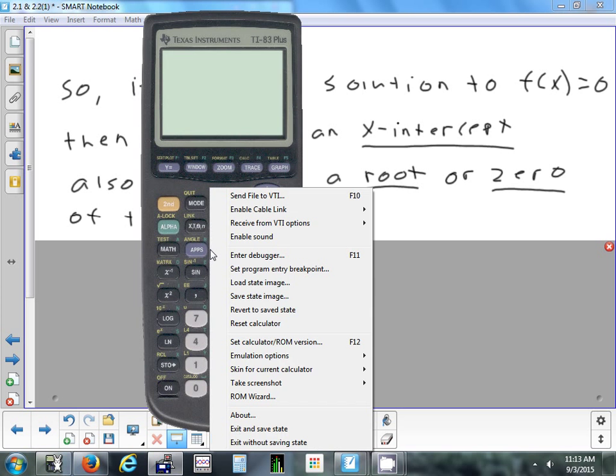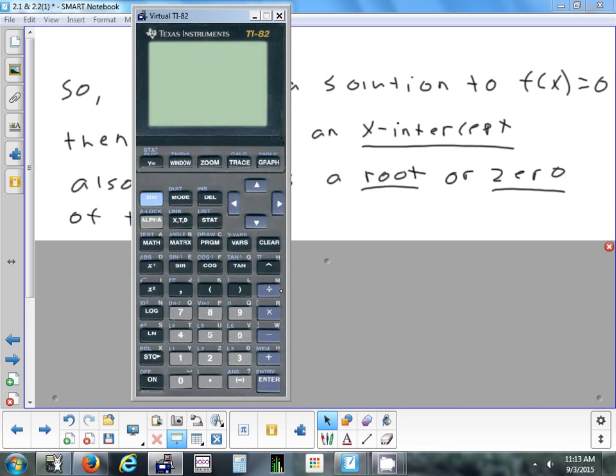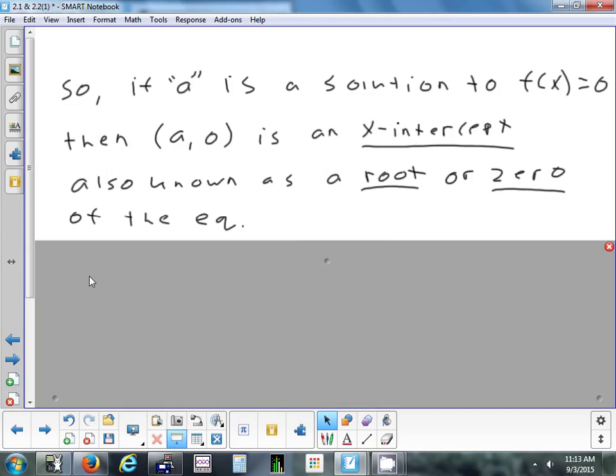If I put this on an 82, and I go to second calc, see, it doesn't call it a 0. It calls it a root. So older calculators actually used this different name. Okay, but they all mean the same thing. Root, 0, x-intercept. It's basically the number that you plug in that would make y 0.